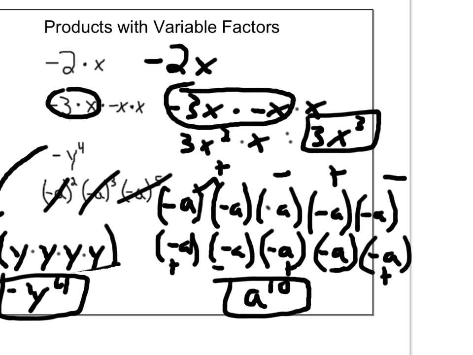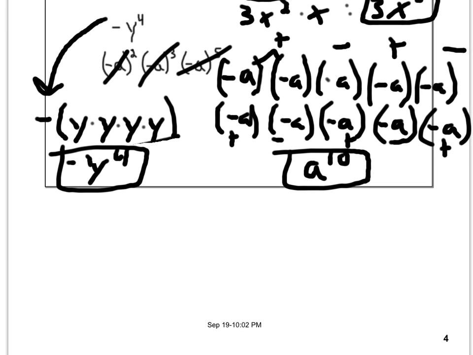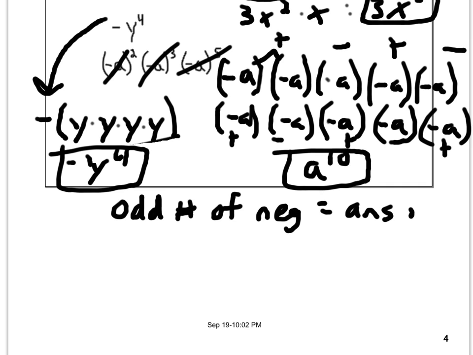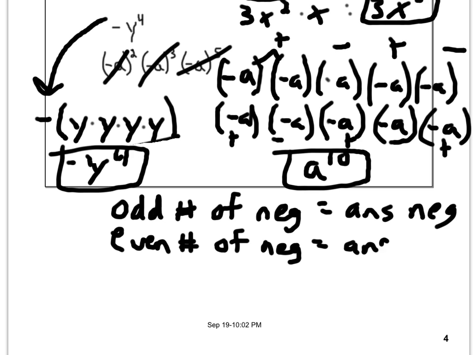Okay? Here's an easy way to remember that. If there is an odd number of negatives, then your answer is negative. And if there's an even number of negatives in your problem, then your answer is positive. Okay?